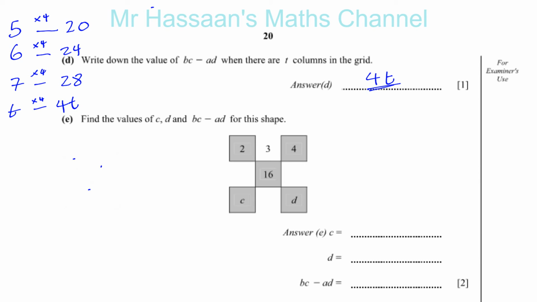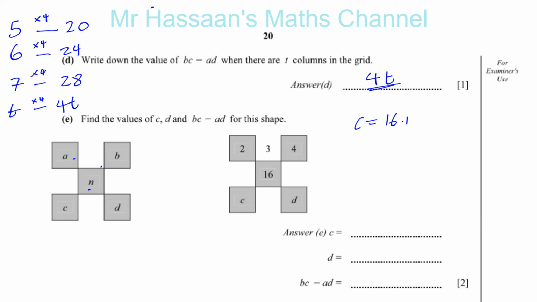So C is therefore 16 plus 12. So C is 28. And D, well, we know that this number is 14 less than 16, so D must be 14 more than 16. 16 plus 14. So D is equal to 30.